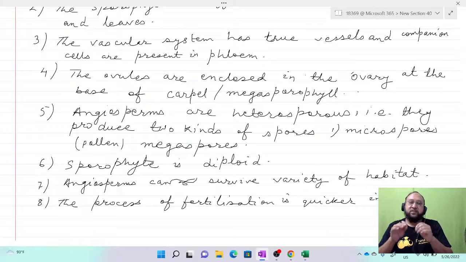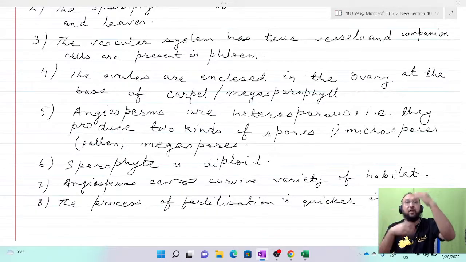The fertilization is faster, quicker to ensure rapid reproduction, and there are well decorated flowers with colorful petals to attract insects, bees, flies, etc. for pollination.